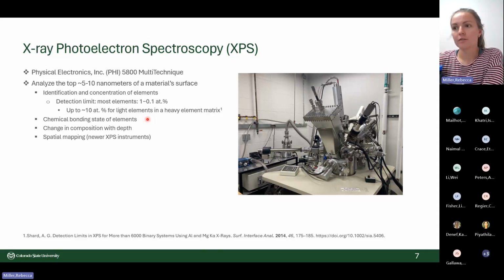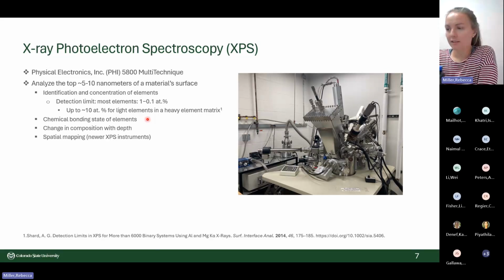Then there are ways to assess how the composition of your surface changes with depth, either on a very shallow depth, in those top 5 to 10 nanometers, or destructively assessing how things change as you ablate the surface and go deeper into the sample. But then you have to keep in mind how you might be changing your sample. And you might not be measuring exactly what it was like before you took layers away.